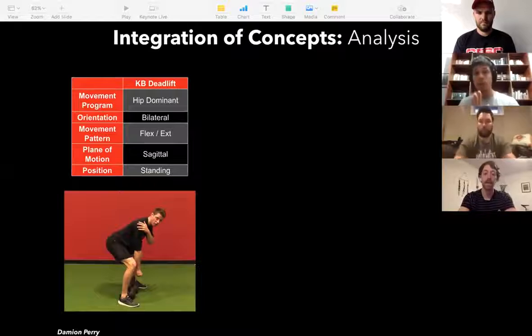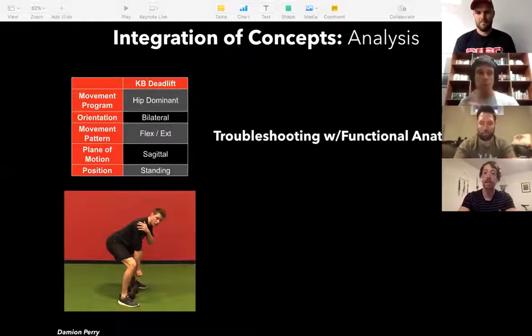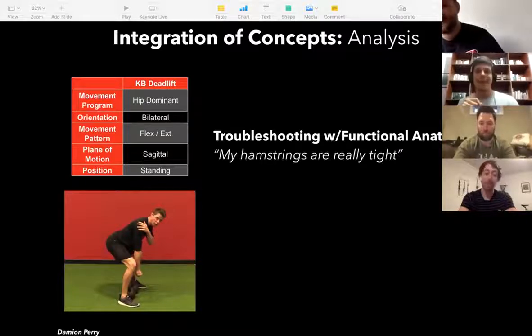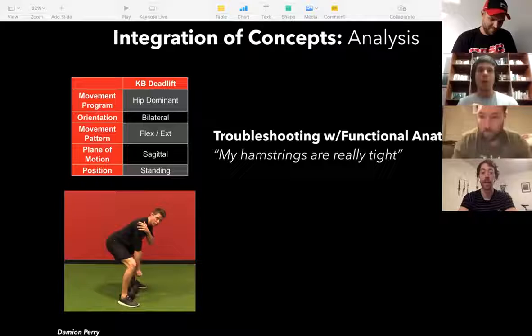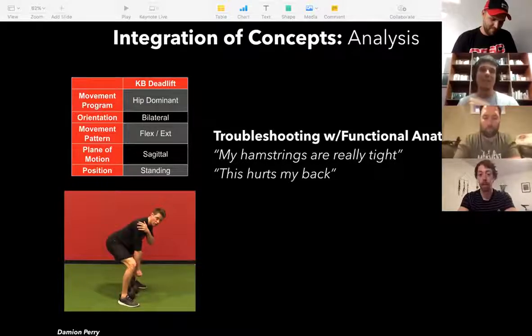We're going to wrap all these things together to create this troubleshooting effect of saying, what is actually happening here, okay? So troubleshooting with functional anatomy. So my client, Steve here, says, my hamstrings are really tight when I try to bend down and pick up this kettlebell. This hurts my back being in this position.